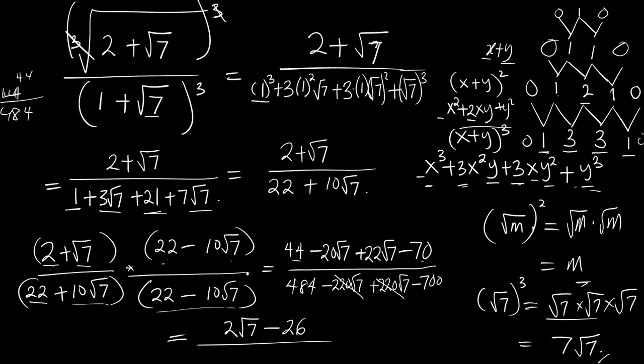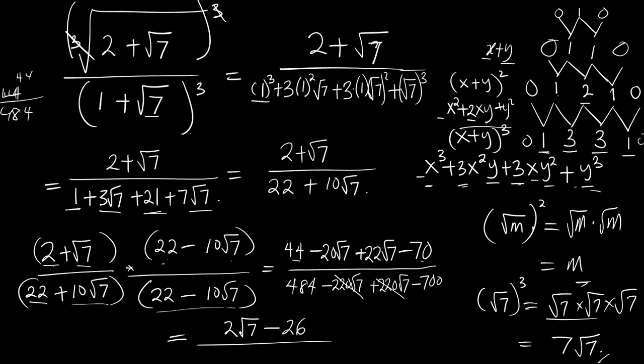Now you now have this one. So 484 minus 700. So what we're going to have, 2116.